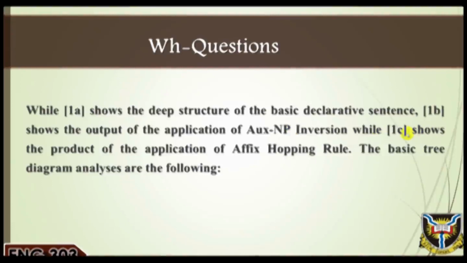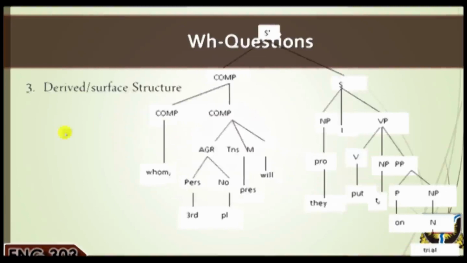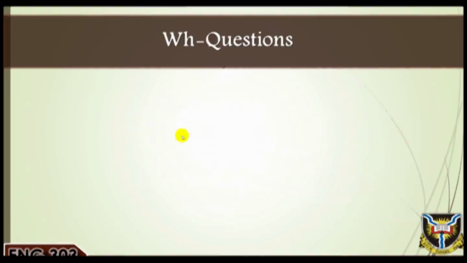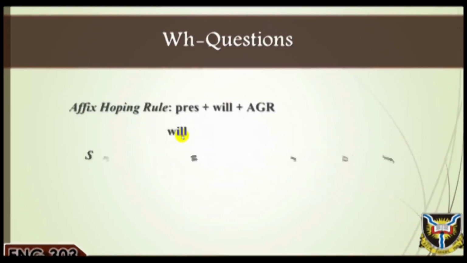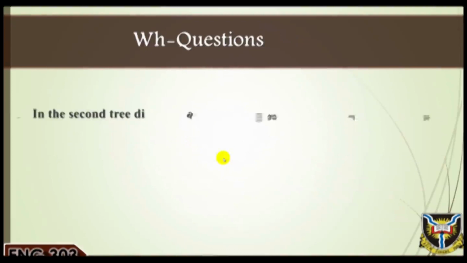The basic tree diagram analyses are the following: deep structure, and derived or surface structure. Surface structure: who will they put on trial? In the second tree diagram, the WH word, whom, is moved from the object's position of put and deposited into the first COMP.